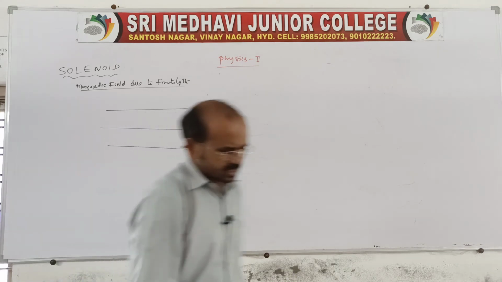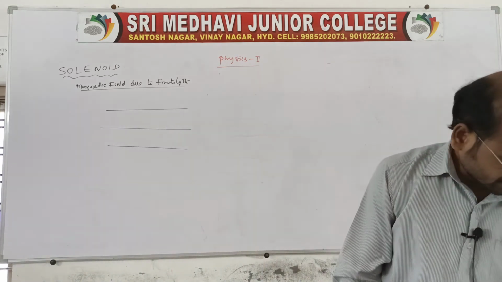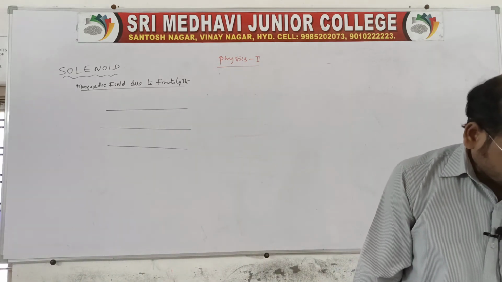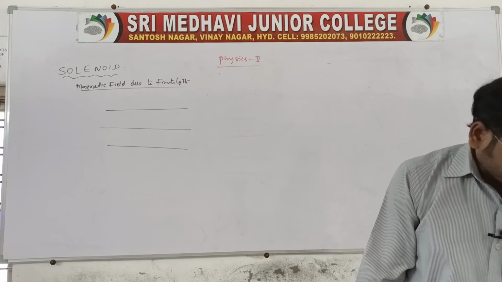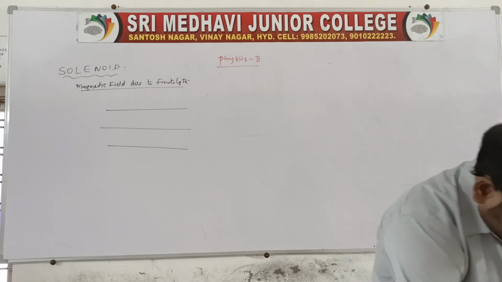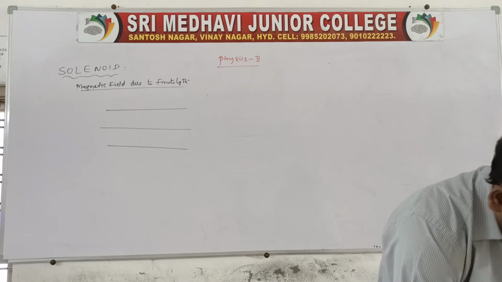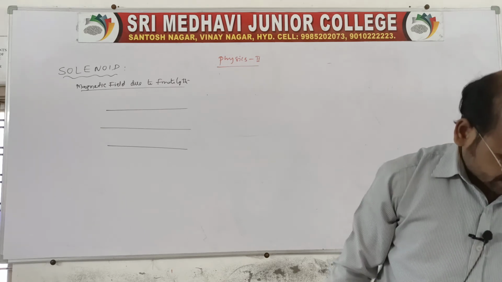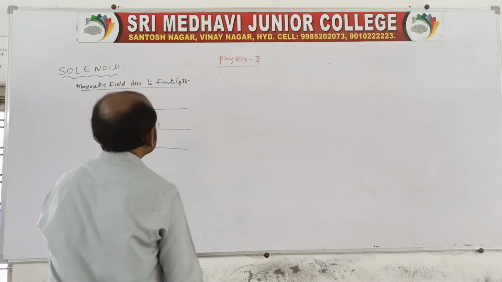If I take a finite length, the magnetic field induction at a point on the axis of the solenoid can be obtained by the superposition of the fields due to a large number of identical coils, all having their centers on the axis. So we'll get the magnetic induction at the center due to all coils.